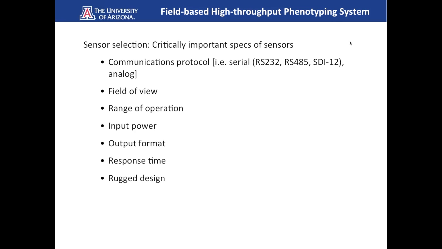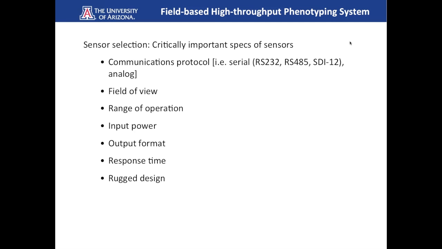Field of view is also one very, very important one, because just think about it. You have different sensors mounted on a vehicle, and if they see a different path, a different track at the bottom where the plants are located, that tells you right there that you have to have different vertical adjustment of the sensors.